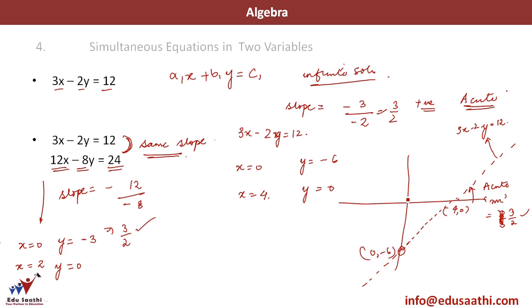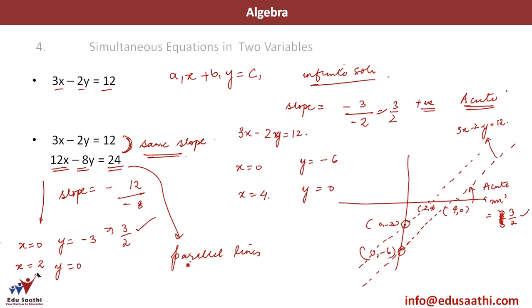If I try to draw the same line on the same graph, 0 and minus 3 will be the point which will be here, and the other will be 2 and 0. So these will be the points that you'll have here, 2, 0 and 0, minus 3. Now if you draw this line and extend them till infinity, you will see that the two lines are actually parallel lines.